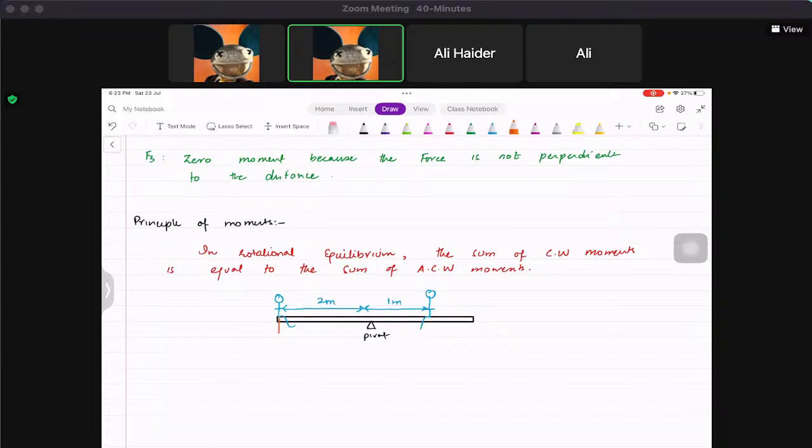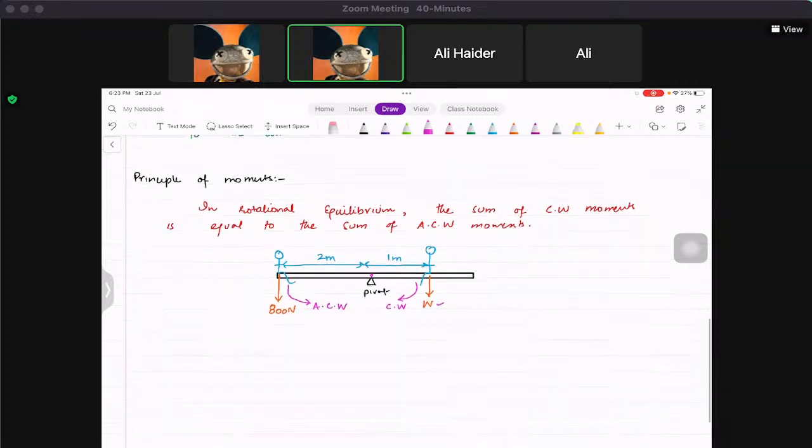His weight is 800 newtons and his weight is unknown, W, right? And we want to find it. So first of all, you would always look at the direction it will turn. About this pivot, W will try to turn it this way, which is clockwise, and this force will try to turn it this way, which is anti-clockwise.